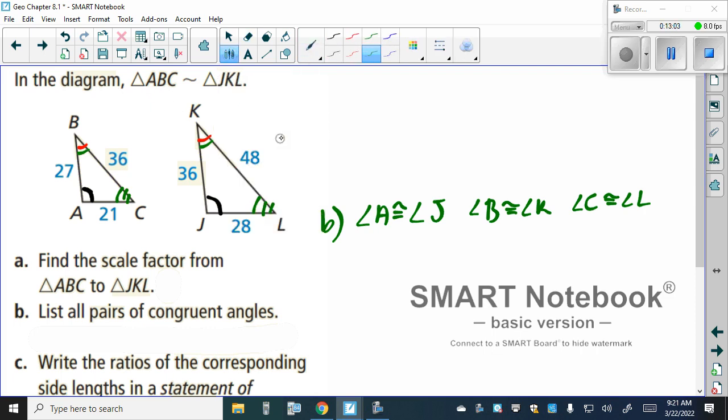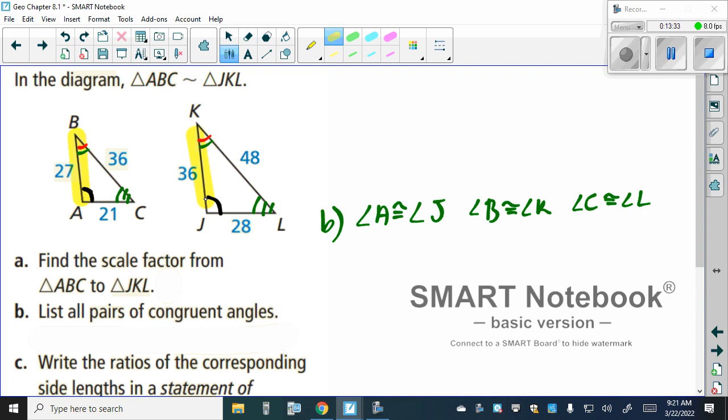Now, once we get our angles, it's kind of easy to match up the sides from there. Which sides are going to be corresponding? Well, if we look at AB, it goes from the angle with 1 marker to the angle with 2, its matching side is JK, because it's the side from the angle with 1 marker to 2.